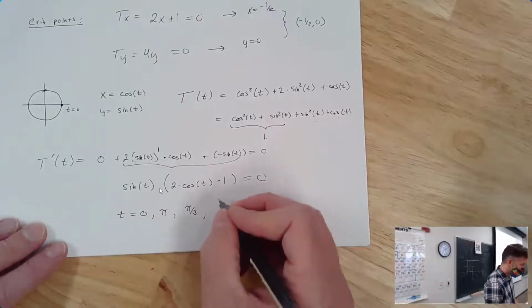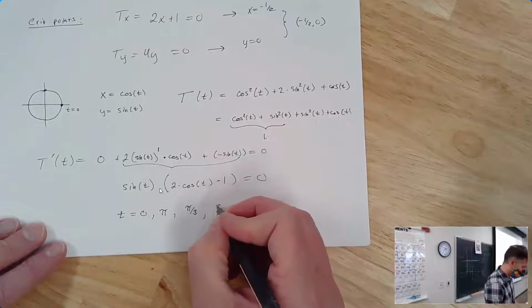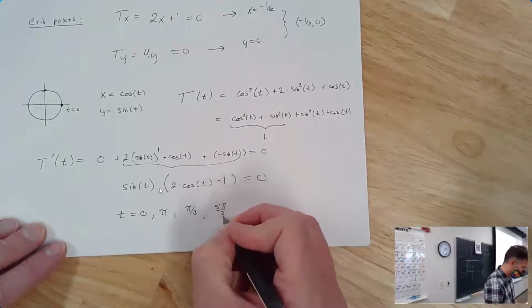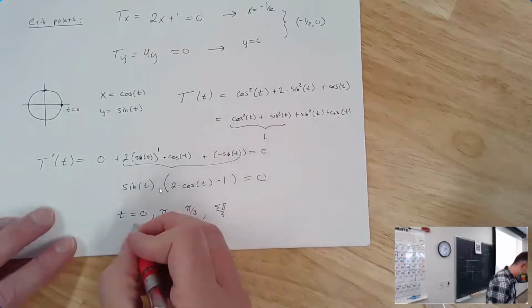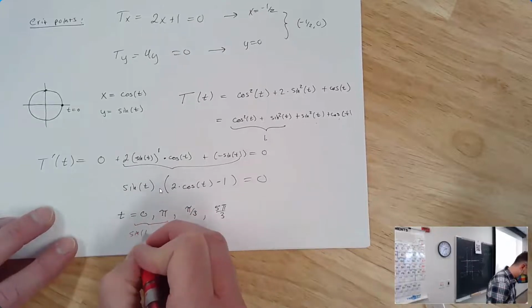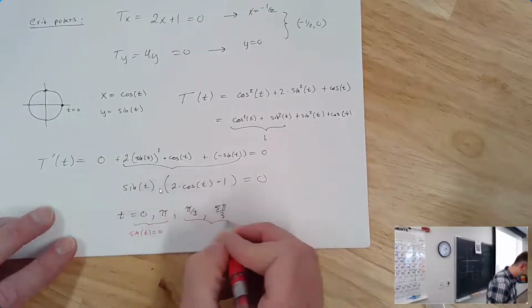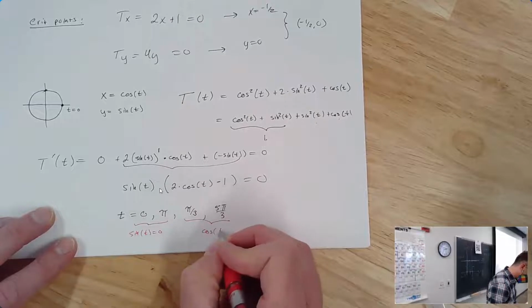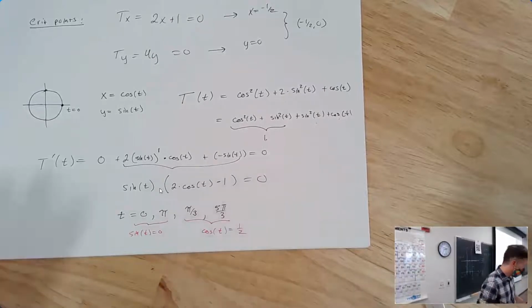Or it could be over in quadrant 4, 5 pi over 3. These two values come from setting sine of t equal to 0. These two values come from setting cosine of t equal to positive 1/2. It's a little tricky.